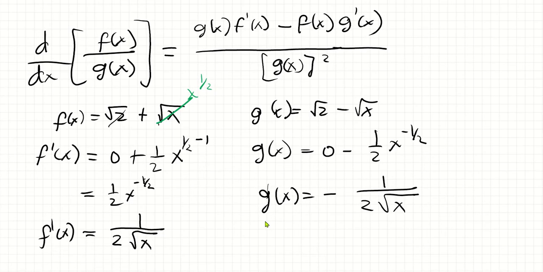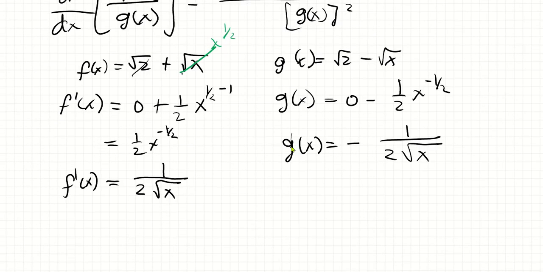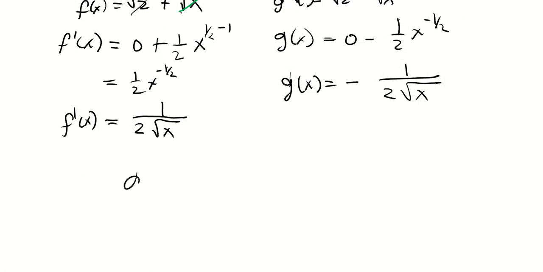Then we can now substitute this into our formula. dy/dx now will be equal to low d-high. So our low is g of x, which is the square root of 2 minus the square root of x, times the derivative of high, which is f prime.